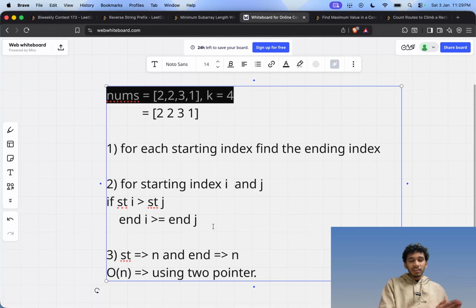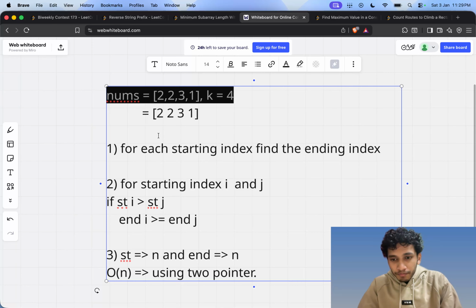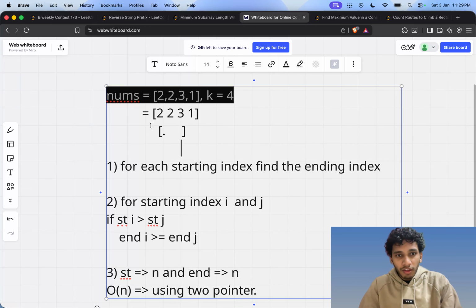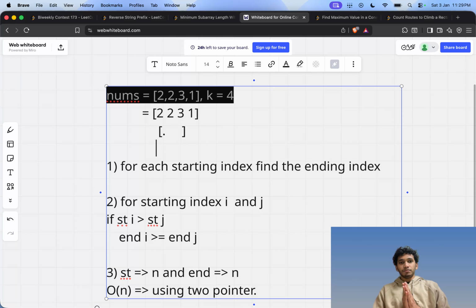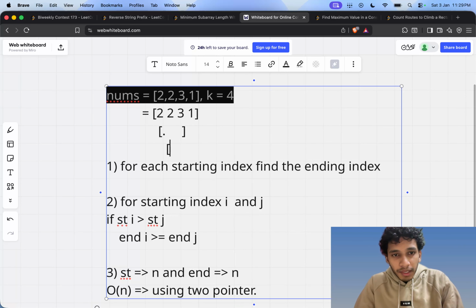Because of this very same reason. Let's say here we have some string that gives a sum of, let's say, k. Now we are claiming that for a greater i, let's say i is here, we have a smaller j.